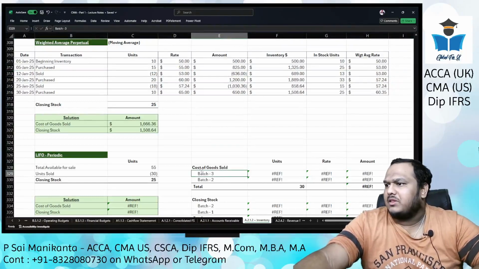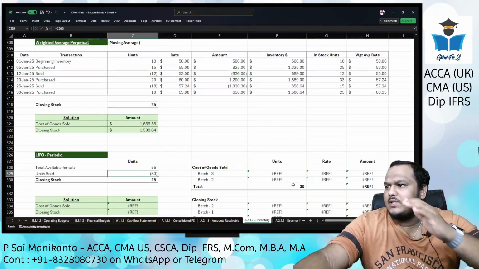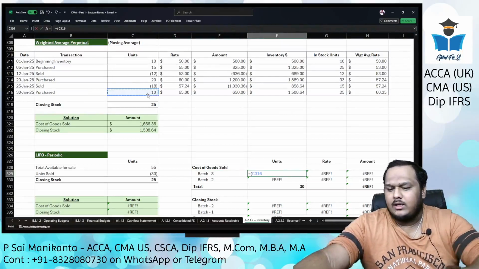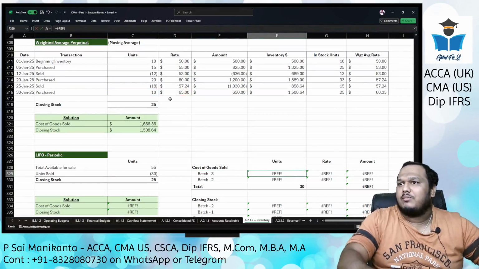Okay, periodic method. So for periodic, COGS will be total sold 30 units. So 30 units will sell from the bottom. So 10 at 65 plus, oh, we were doing it in batches now.